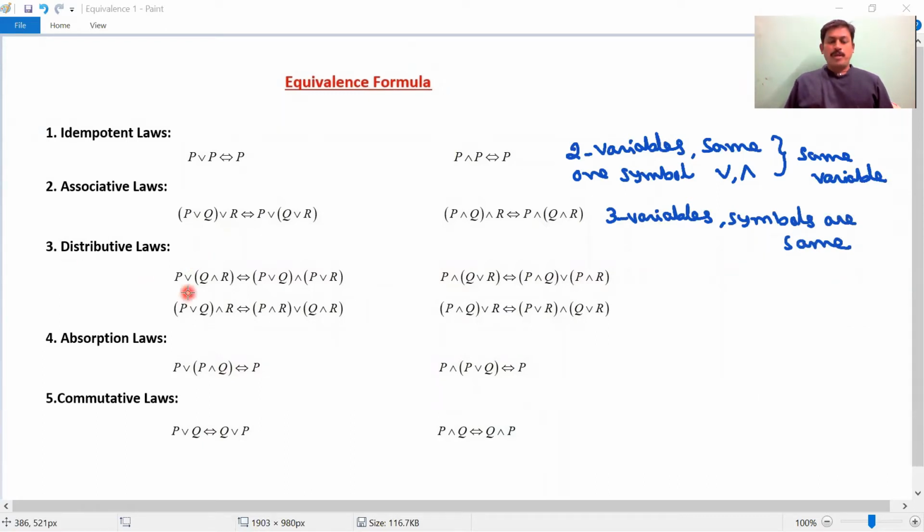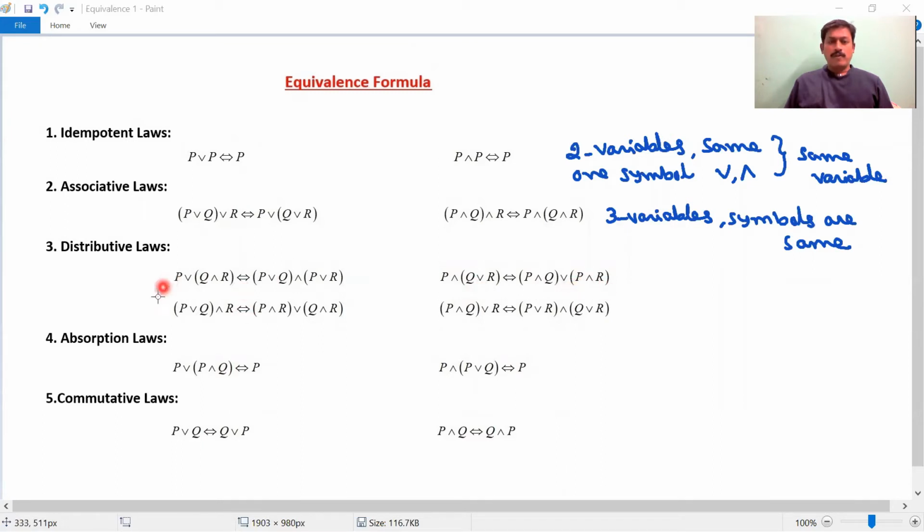Distributive law. P or (Q and R) equivalent to (P or Q) and (P or R). Dual of this is P and (Q or R) equivalent to (P and Q) or (P and R).